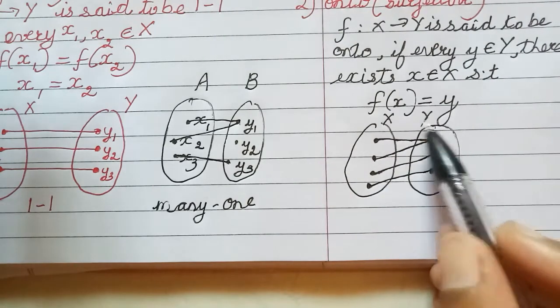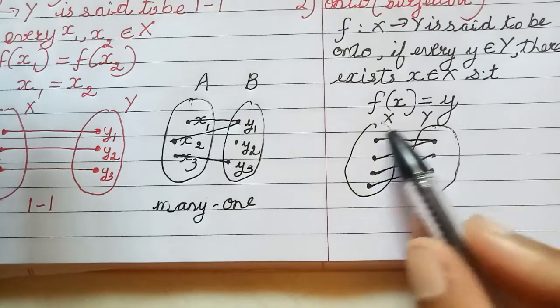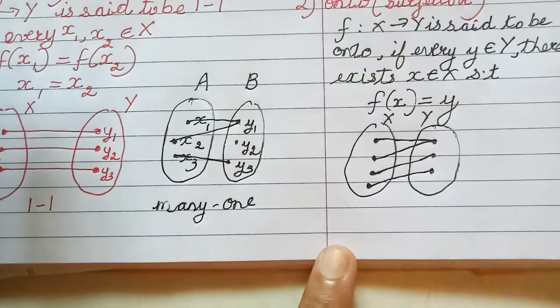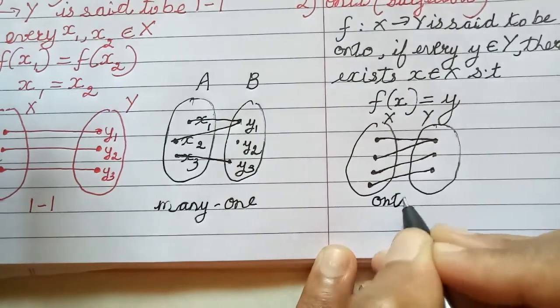So you can see that every element here is having a pre-image. Onto means traveling back, every element has a pre-image. So this is an example of an onto function.